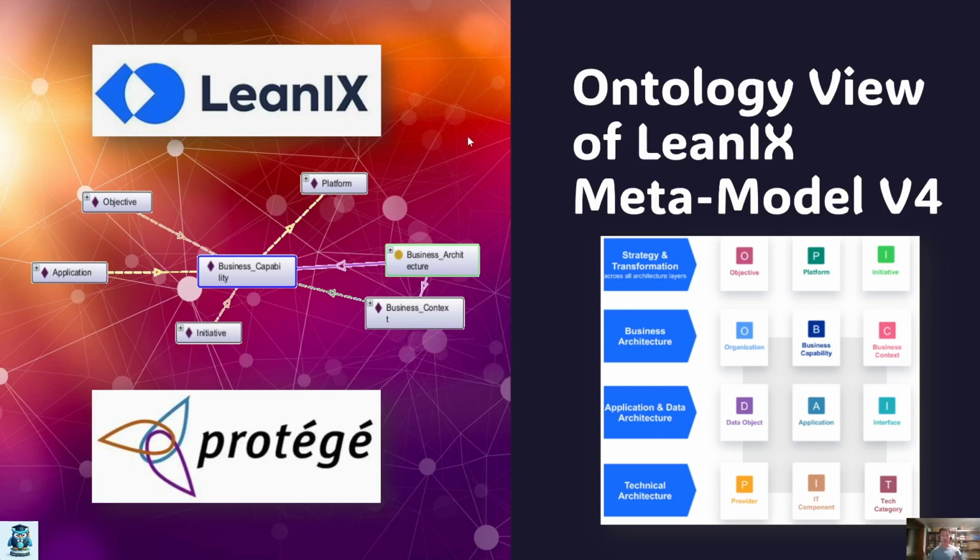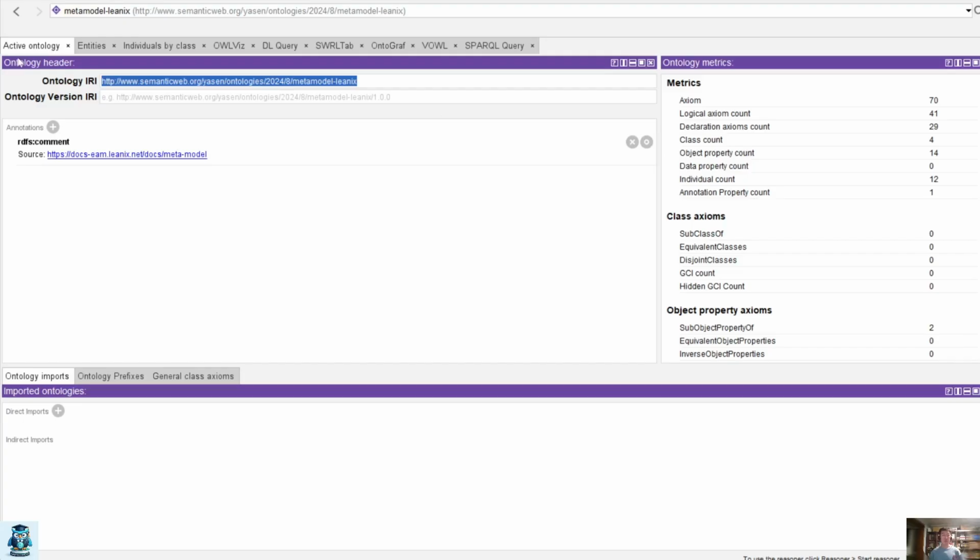So first, let's go to the documentation. I already finished this ontology, and I will put the link in the end to show you how to find this file. This is the documentation site for LeanIX EAM.